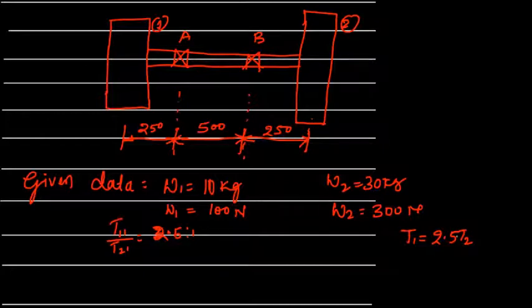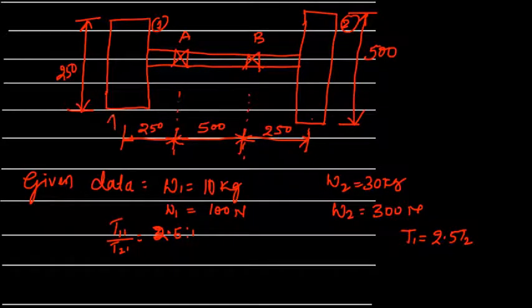And they have also given the diameters. The diameter of pulley 1 is 250 mm and the diameter of pulley 2 is 500 mm.